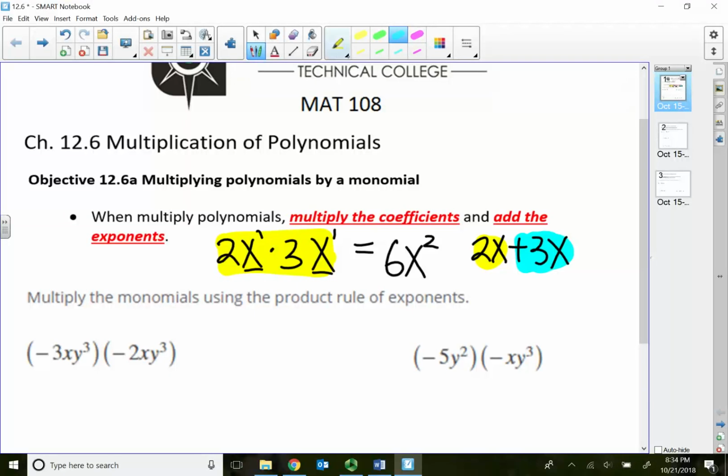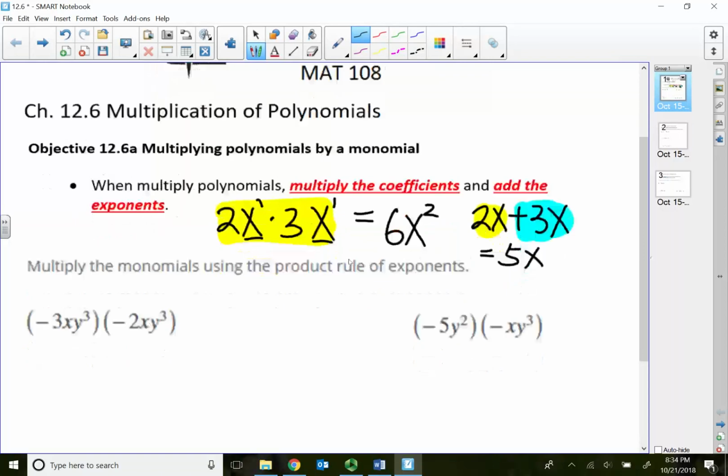So when I have multiple terms and I'm ready to combine them, I just take 2 of those x's, add on 3 more, and I get 5 of those x's. When it comes to combining like terms, we only add and subtract the coefficients and do nothing with the exponent. But when it comes to multiplication, we have to multiply the coefficients and also add the exponents on the variable.